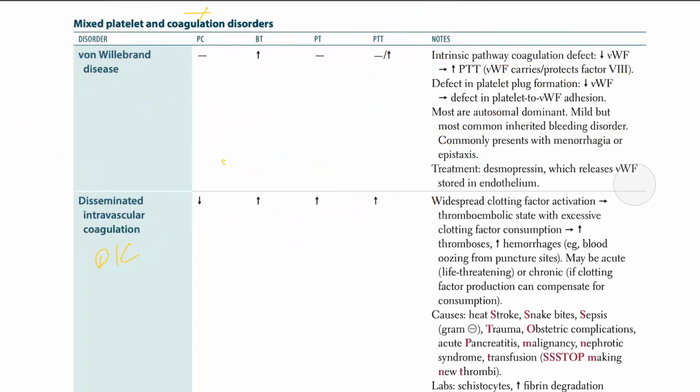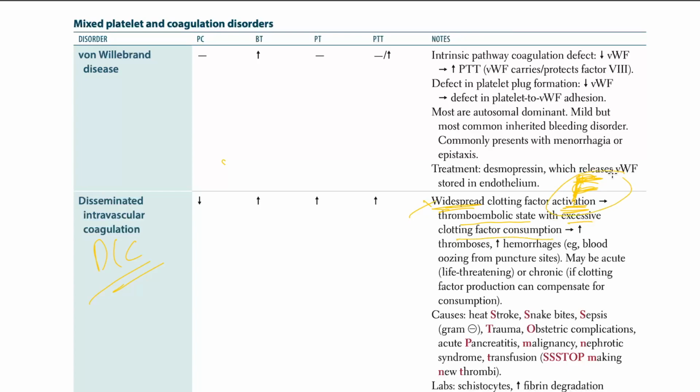Alright, coming to the next thing, what do we have? We have DIC. In DIC, let's read the notes first. We have a widespread clotting factor activation. So the clotting factors have been activated widespread, which leads to a thromboembolic state with excessive clotting factor consumption.